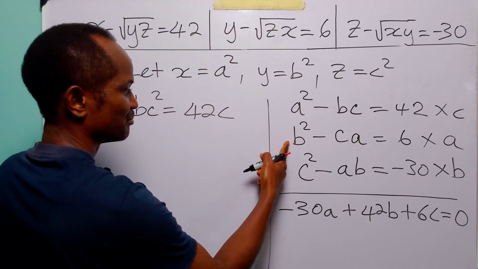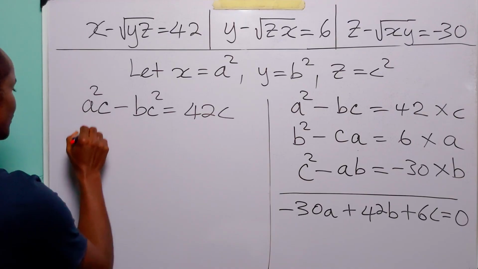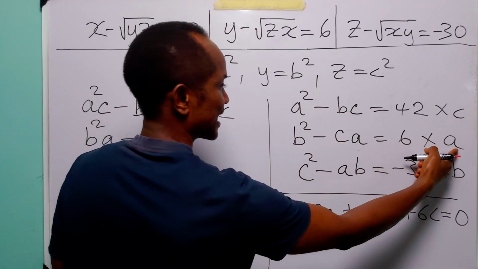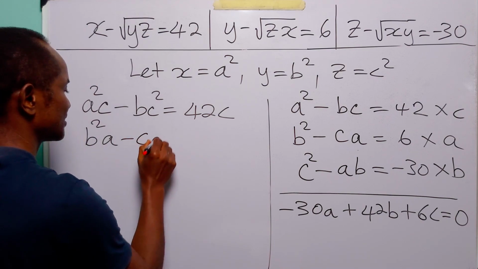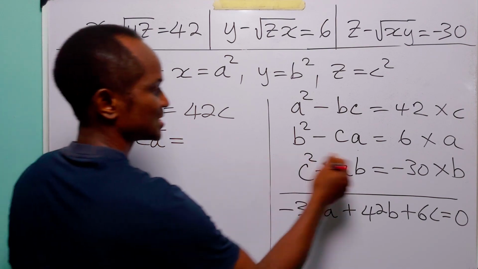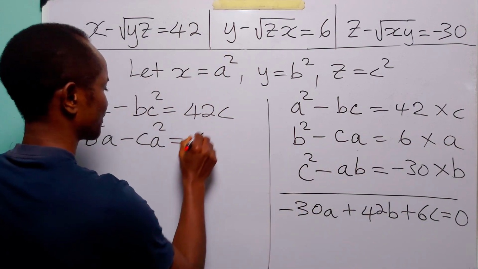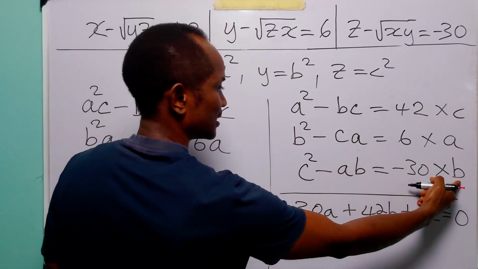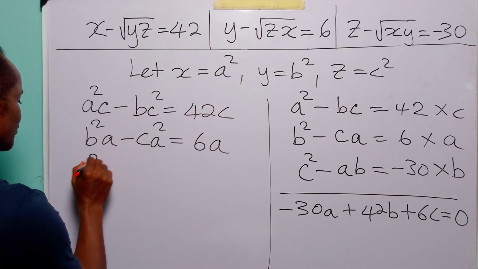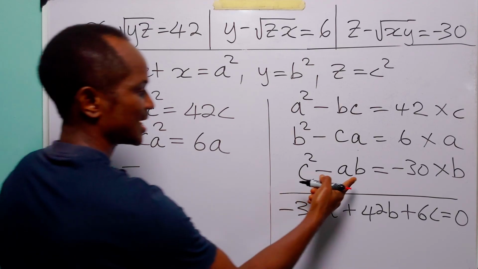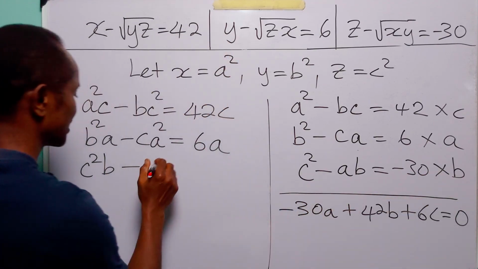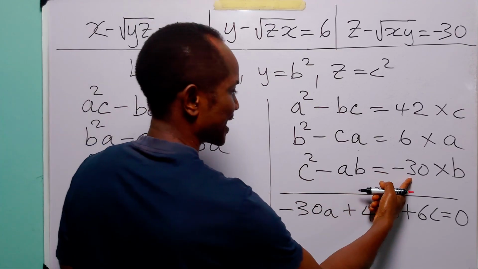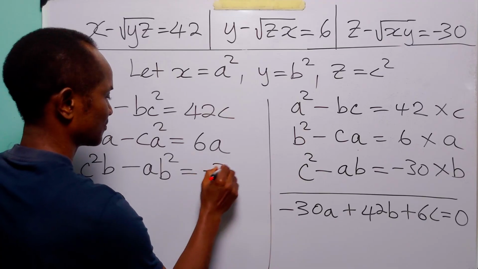In this case, we have b squared a minus ca times a is ca squared, and of course this is equal to 6a. And in the last equation, we have c squared times b minus ab times b is equal to ab squared, and this is equal to minus 30b.